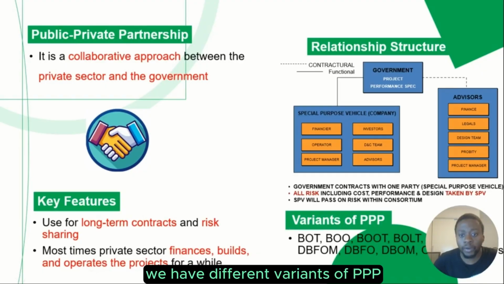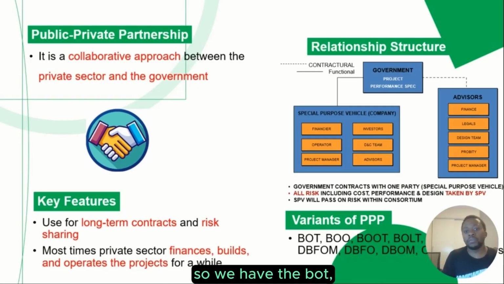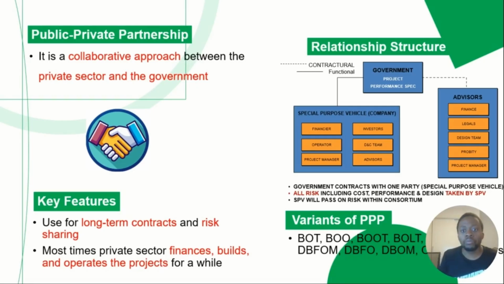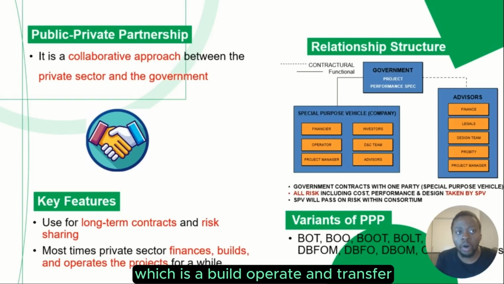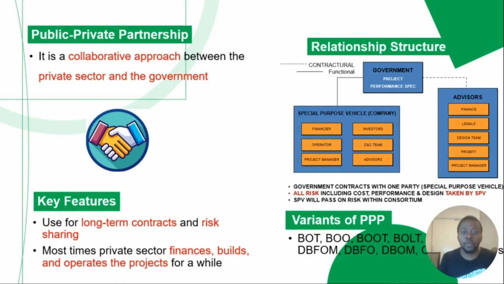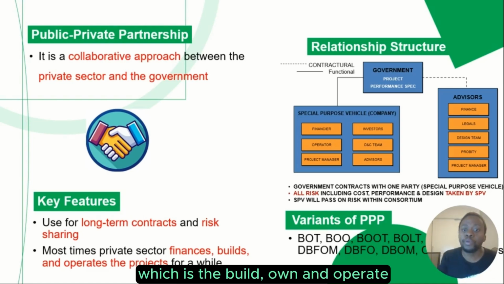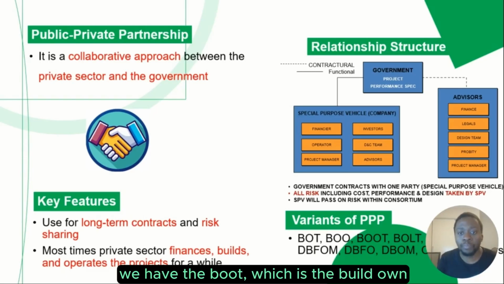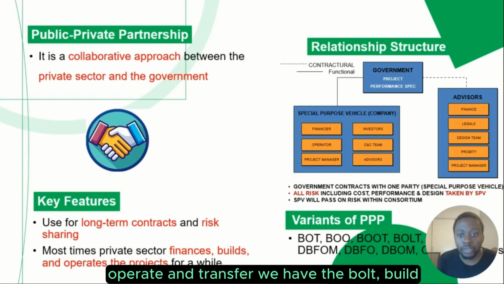We have different variants of PPP. So we have the BOT, which is build, operate, and transfer. We have the BOO, which is build, own, and operate. We have the BOOT, which is build, own, operate, and transfer.